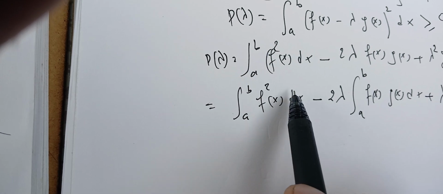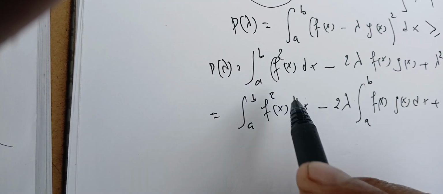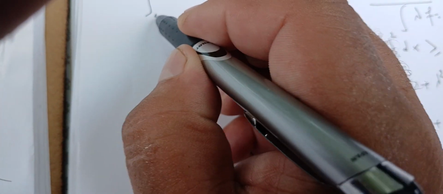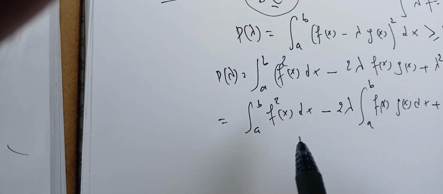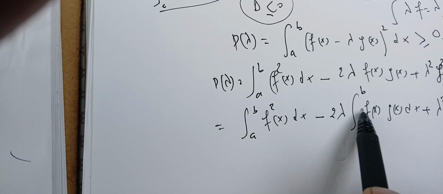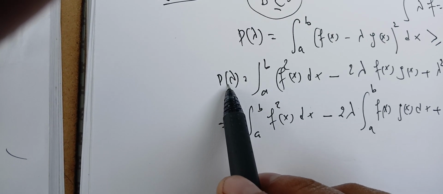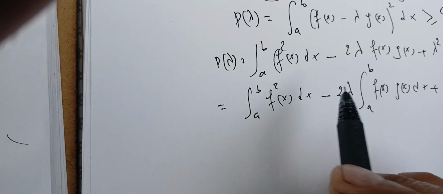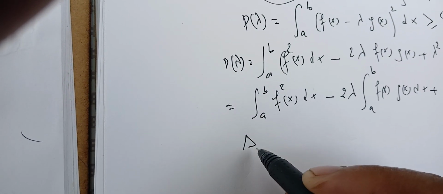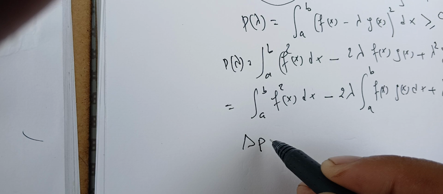Now this is one more fact. These are numbers. The integral between a and b of f of x dx is in R. It's just a number. Therefore, this is a number, this is a number, this is a number, and therefore this is a polynomial that depends on lambda. Let's compute delta, the discriminant. We're going to call it delta p.